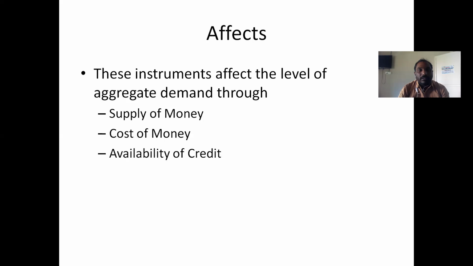The affected sectors are the supply of money, the cost of money, and the availability of credit. As you know, the Reserve Bank deals with circulation of money. It tries to affect the level of aggregate demand through controlling the velocity or circulation of money, the availability of money, and the availability of credit also.